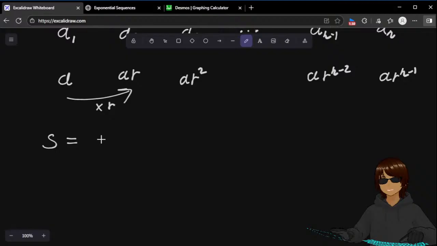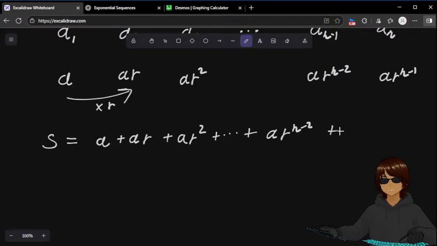So the sum is A plus A r plus A r squared plus A r to the n minus 2 plus A r to the n minus 1.